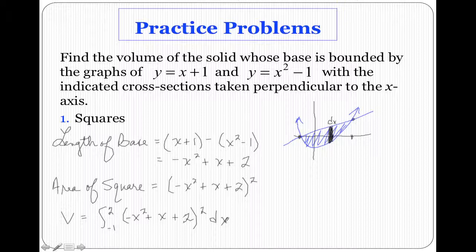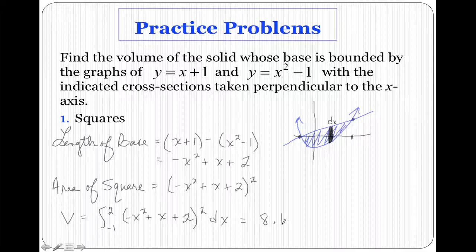So at this point in your calculus career, feel free to evaluate that in your calculator. When you do so, feel free to pause this and double check. You should get 8.1 if you care to pause this and try it on your own. And that represents the volume of this shape that's created.